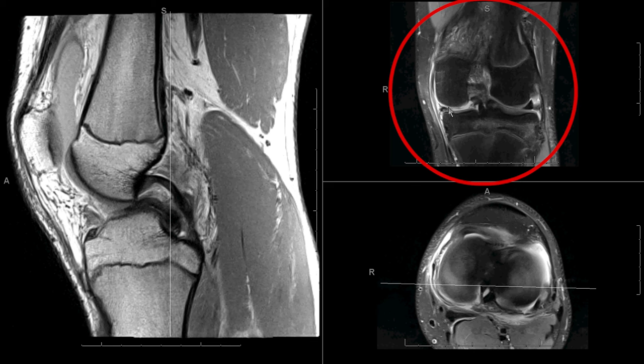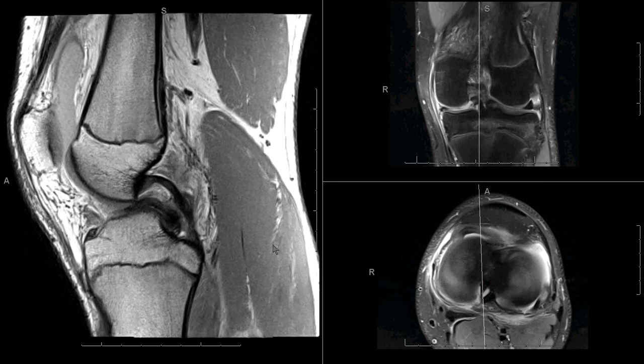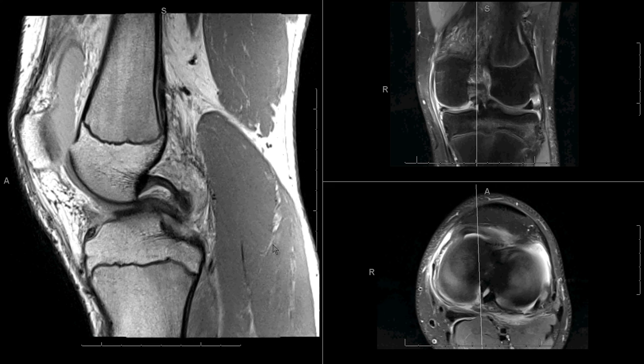And you can see here, looking at this corresponding coronal image, that we have a very small horn of meniscus here laterally, and that there's a big gap, and then there's a large piece that's sitting in here medially. This is known as a bucket handle tear, and it's much more common to see this with discoid meniscus.